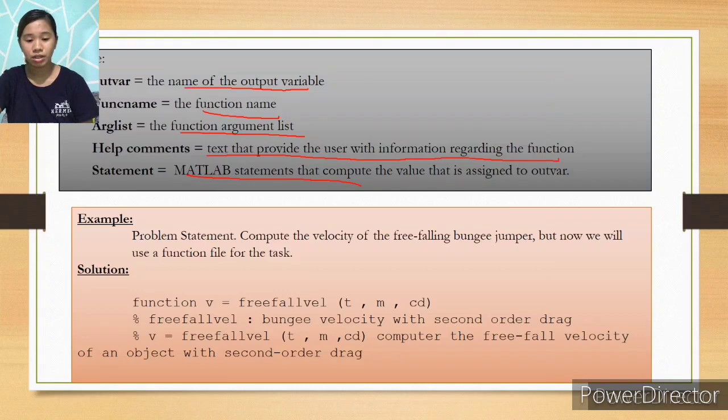The solution: function v = freefallvel(t, m, cd). freefallvel is bungee velocity with second-order drag. v = freefallvel(t, m, cd) computes the free-falling velocity of an object with second-order drag.